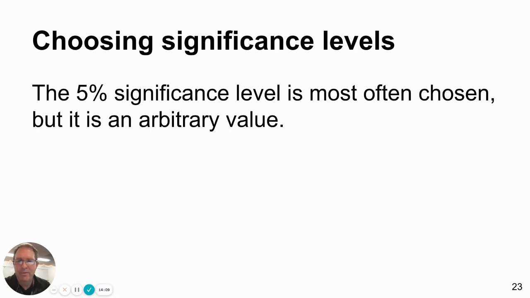The 5% significance level is the one that is most often chosen, but it is an arbitrary value. If the problem does not give you a significance level, this is the significance level that I want you to use. Now, science is infatuated with finding probabilities, p-values, that are less than 0.05.